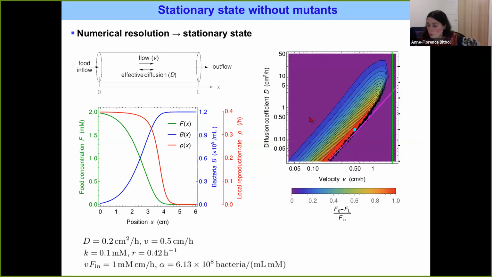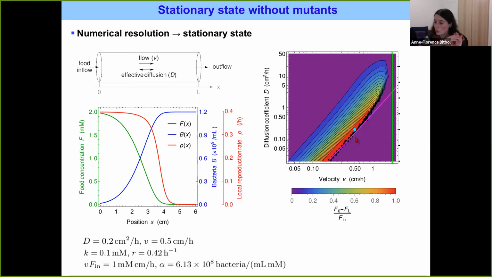So here is the heat map when we vary velocity and diffusion coefficients. And we are plotting this spatialness quantity here, which is red if it's close to 1, and purple if it's close to 0. And what we can see is that there are regimes where the profile is essentially not spatial, so purple here, especially if the velocity is too large.